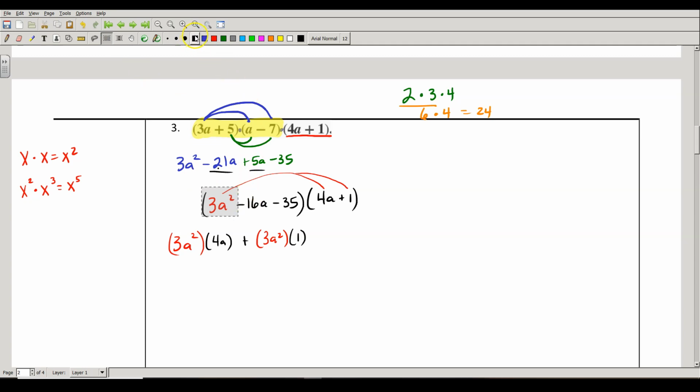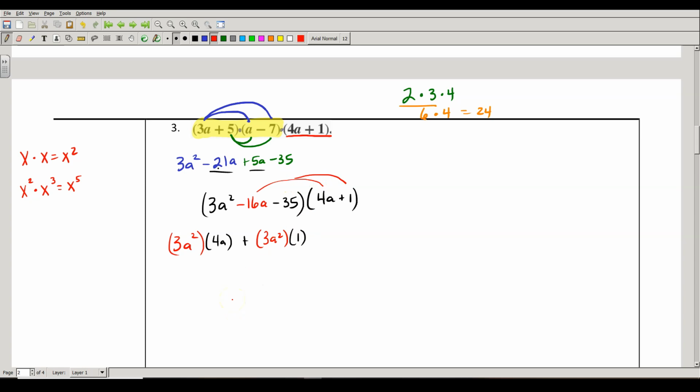Now I'm going to color code this. So I'm going to make that black now. And then the next term that we're going to distribute is this negative 16a. And we're going to do the same exact thing. So now we're going to take negative 16a and multiply it by both terms inside of the second parentheses, just like before.